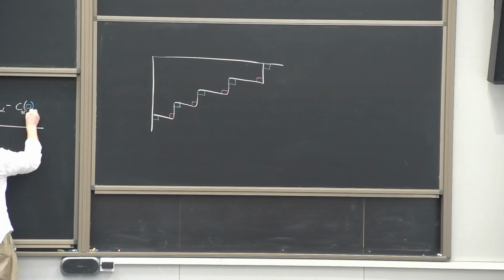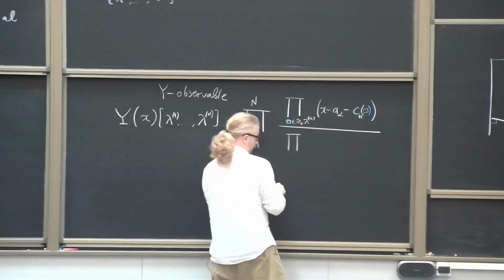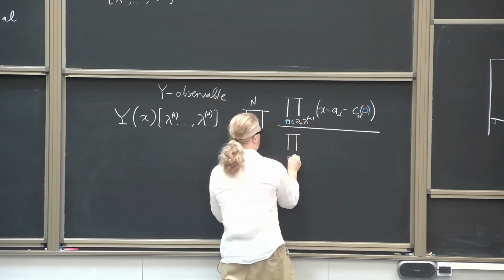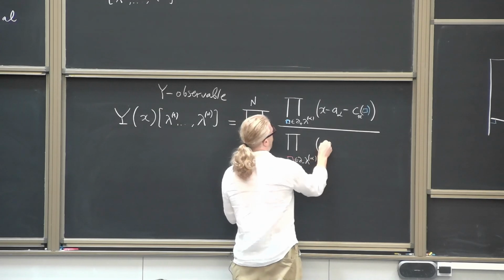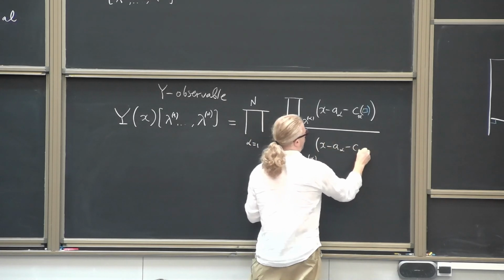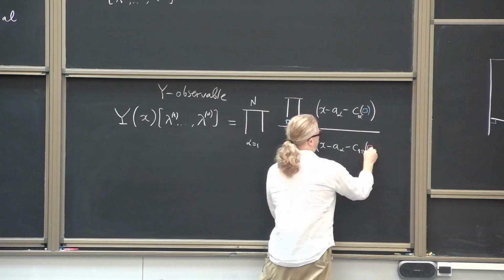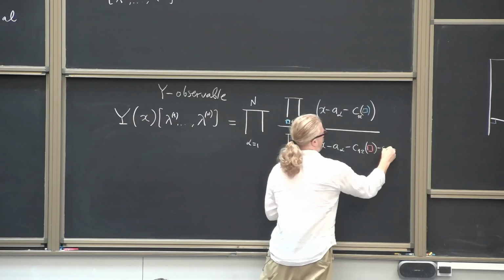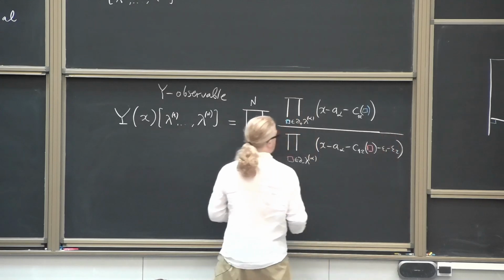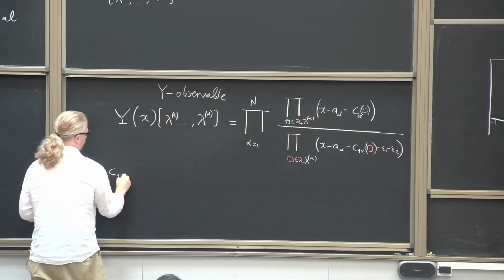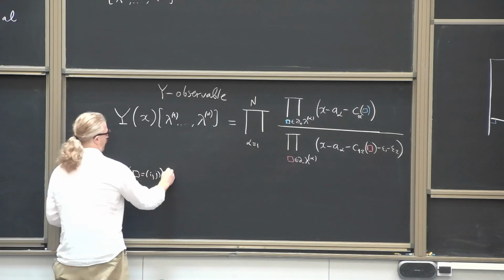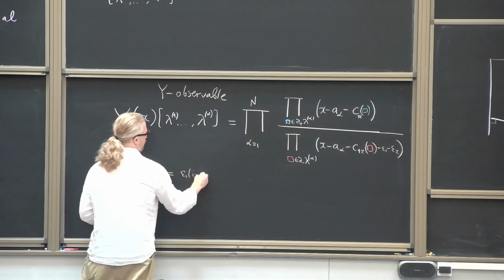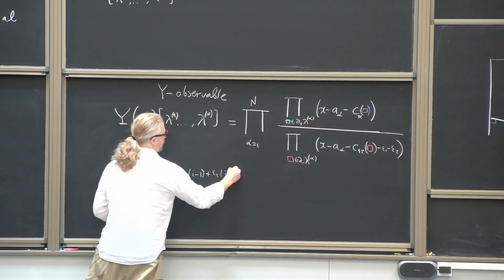So the content, with indices 1, 2, of a box, which is, remember, a collection i and j, is just epsilon 1 times i minus 1 plus epsilon 2 times j minus 1.